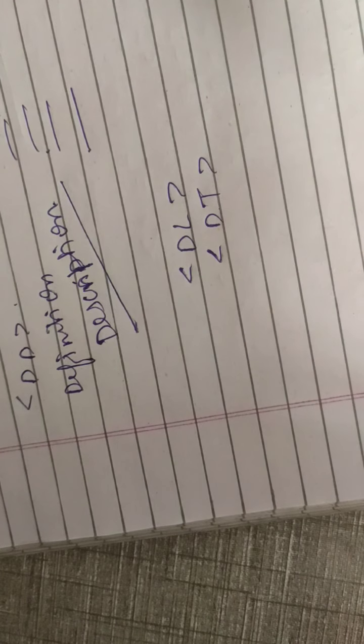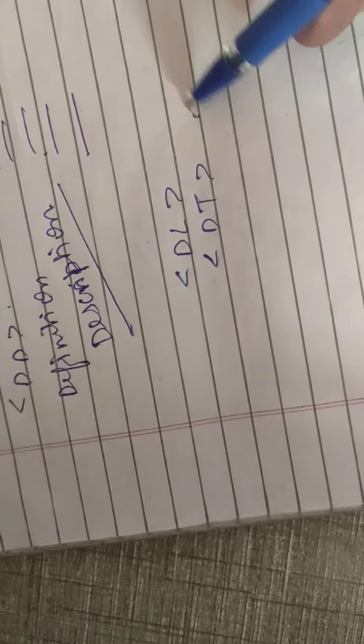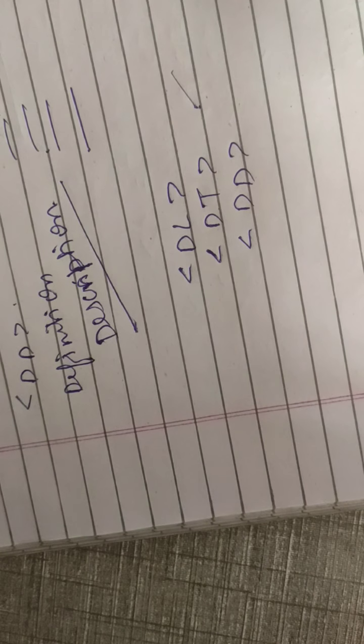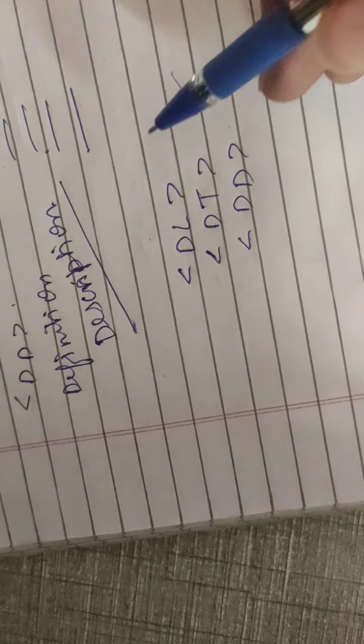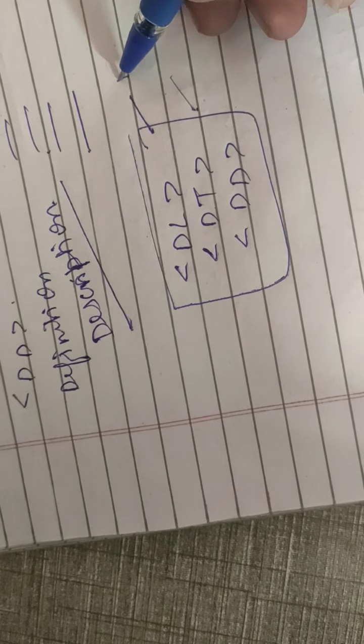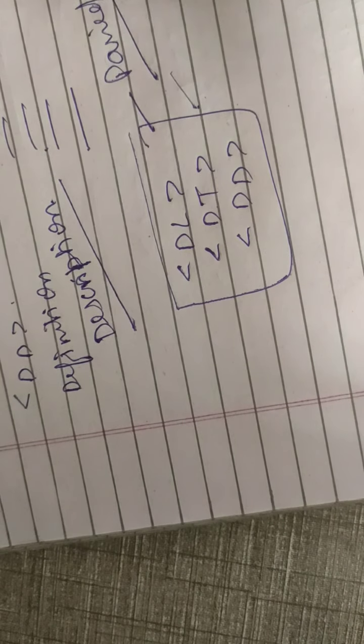So what is the DT? DT is a definition title. That means the title that we are going to describe is given by the DT. After that we have the DD. In the DD we have the description part. Okay, so all three tags are paired tags. That means they have the opening as well as the closing tags also.